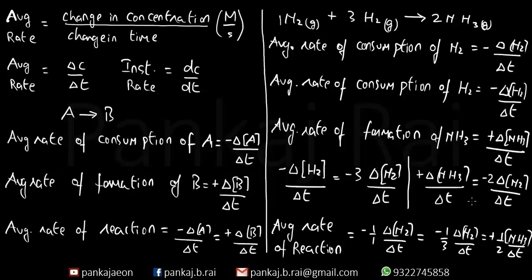So as I said, this is the relation between different concentrations, and we will discuss the relation between the concentration of H2 and NH3. You can find it by this equation. You can send 2 over here and 3 over here, and you can get the relation between the formation of NH3 and consumption of H2. Okay, now let us move ahead with the numericals.